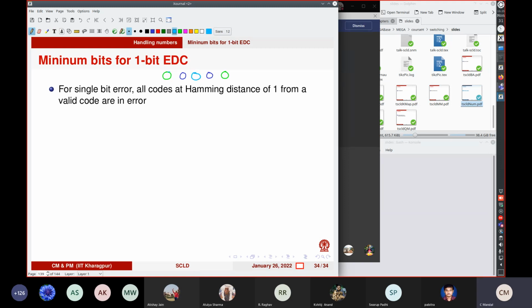It's okay if these bits overlap, because you just need to be able to distinguish the faulty codes. There's a faulty code, let us say. You just need to be able to distinguish a faulty code from a valid code. All right. So this is a valid code.